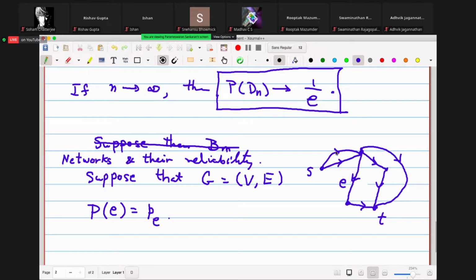The probability of, let us say, xe, this is better to write: xe indicates that edge E is available, edge E is working. It assumes the value 1 if edge E is working, and the value 0 if E is not working.